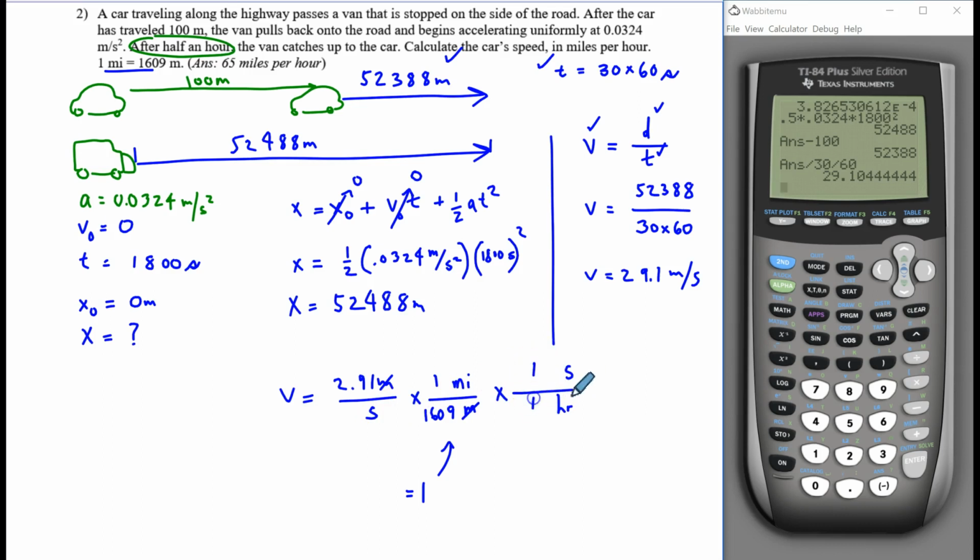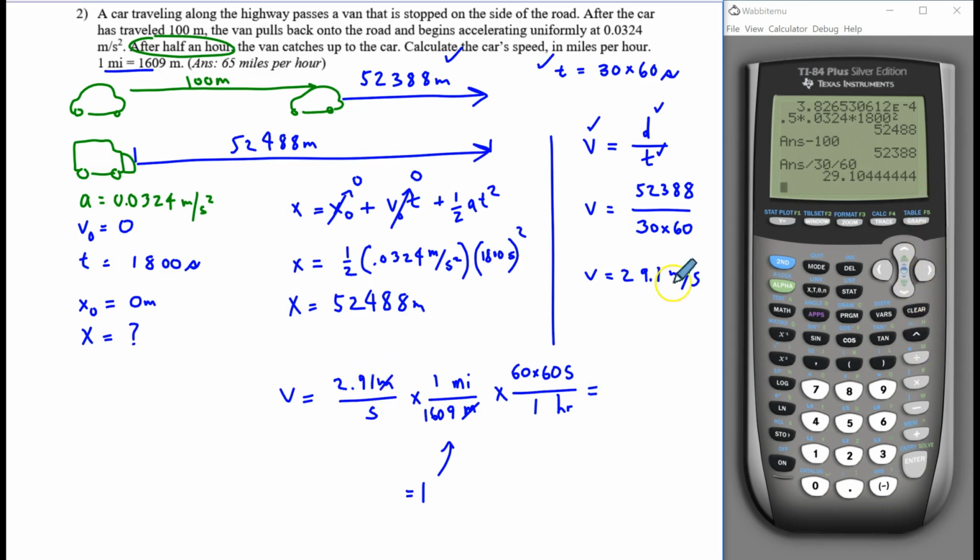But then I cancel out the seconds here. So I can't put 1 and 1, that's wrong, because 1 hour doesn't equal 1 second. What could I put? 1 hour is 60 minutes. Each minute contains 60 seconds. We multiply the numerators all together, we divide by all of the denominators, and what do we get?